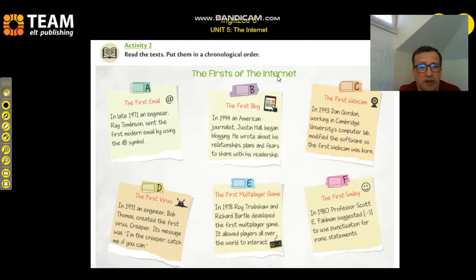In late 1971, an engineer, Ray Tomlinson, sent the first modern email by using the symbol @. Yes, in late 1971, an engineer, Ray Tomlinson, sent the first modern email by using the @. 1971'de engineer, mühendis, bir mühendis, Ray Tomlinson isimli bir mühendis, mailinde ilk defa @ işaretini kullanarak bir modern e-mail gönderdi.